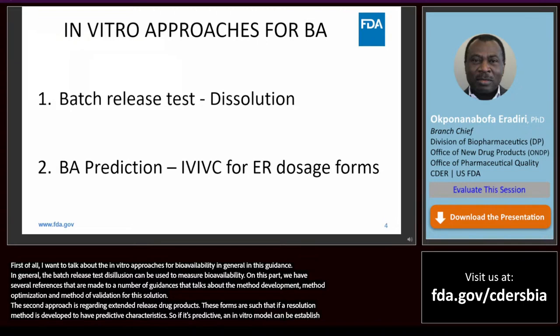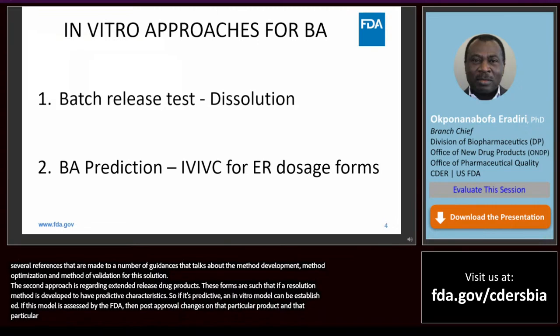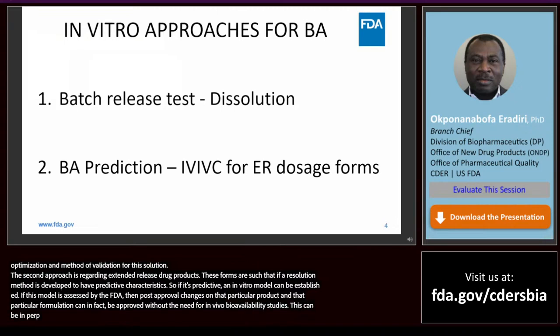If this model is assessed and deemed acceptable by the FDA, then post-approval changes on that particular product and that particular formulation can in fact be approved without the need for in vivo bioavailability studies. And this can be in perpetuity, provided that no change is made to the formulation itself.